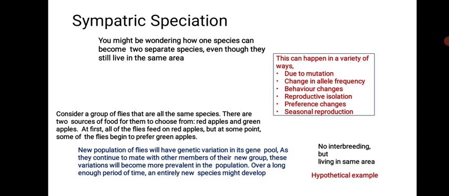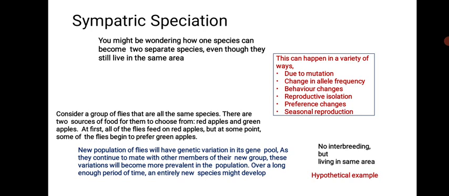There are two sources of food for them to choose from, red apple and green apple. First, all the flies feed on the red apple, but some of the flies begin to prefer the green apple. The new population of flies will have genetic variation in its gene pool as they continue to mate with other members of the new group.